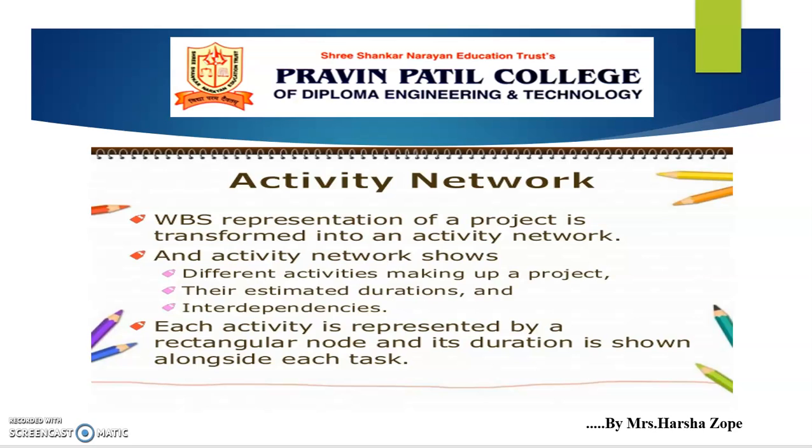An activity network shows different activities making up a project, their estimated duration and interdependencies. Each activity is represented by a rectangular node and its duration is shown alongside each task.